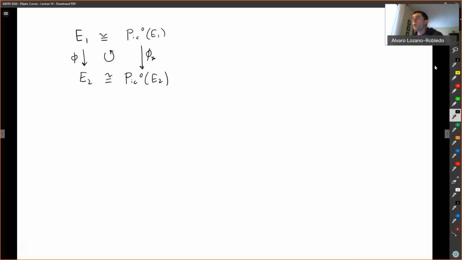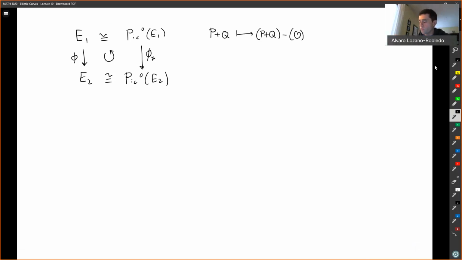So now let's see what happens if I start with P plus Q in the upper left corner. That is going to be mapped to P plus Q minus O, or the class of that.